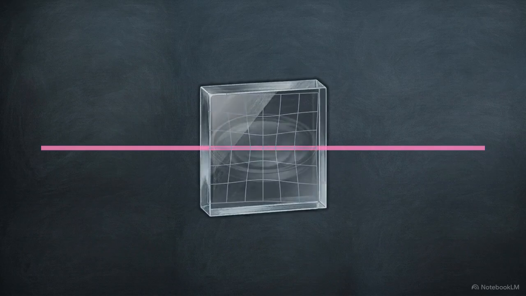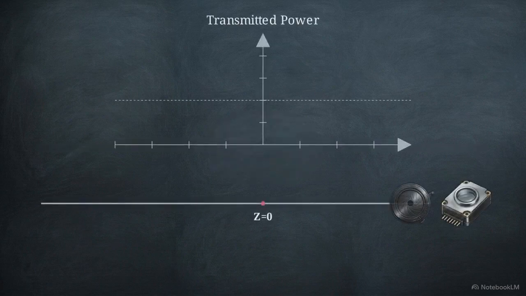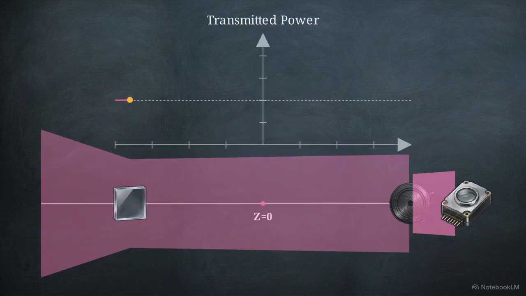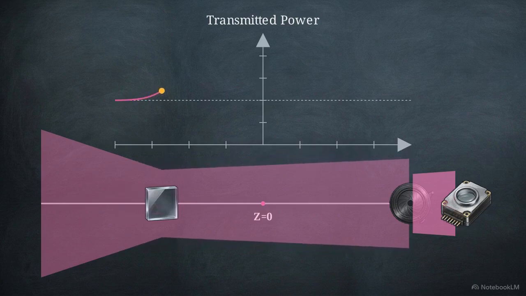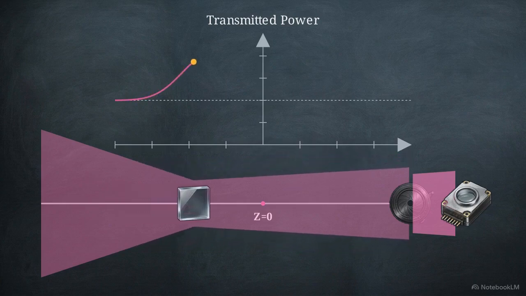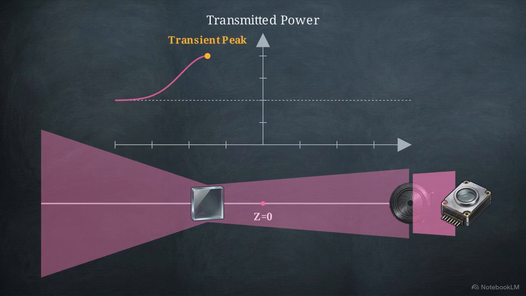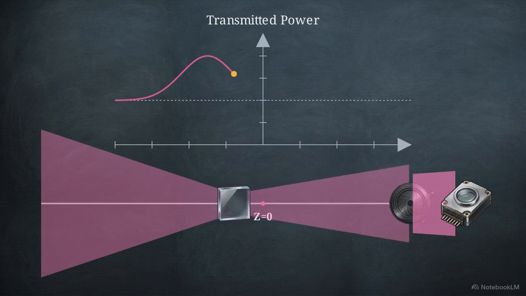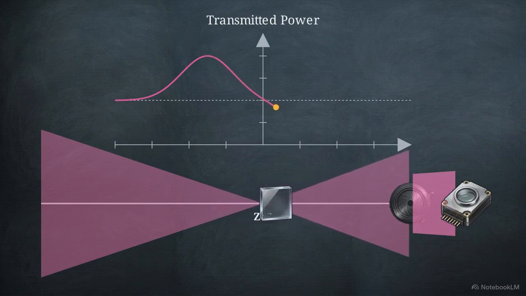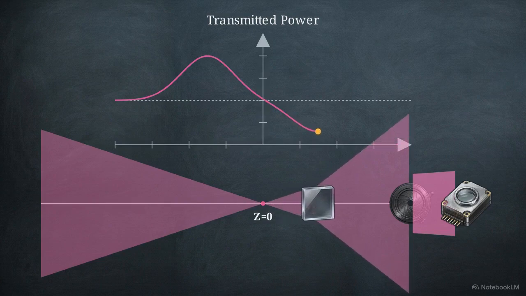If a sample features positive self-focusing and it sits slightly before z equals 0, the induced lens effectively collimates the incident beam. This tighter profile easily slips through the fixed iris, yielding a distinct peak in detected transmitted power. Past z equals 0, the optical geometry flips. The self-focusing lens forces the diverging beam to expand outward, clipping heavily against the iris.